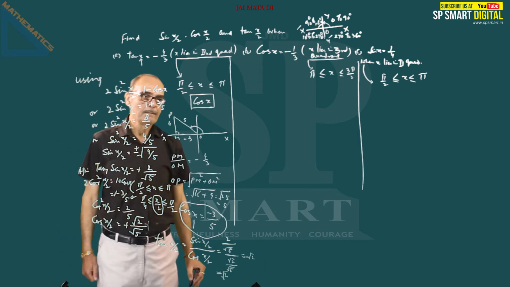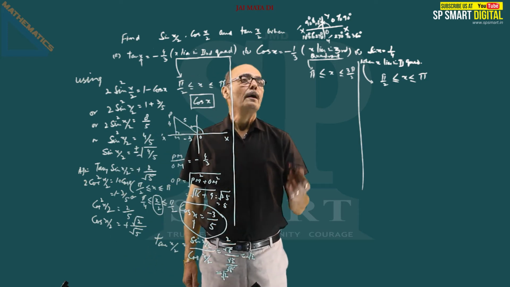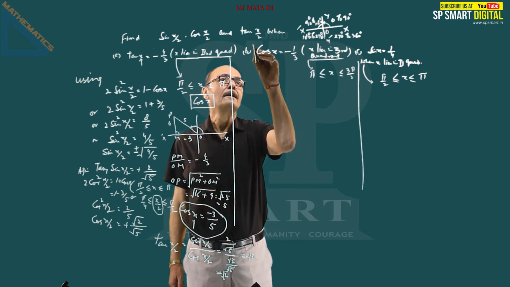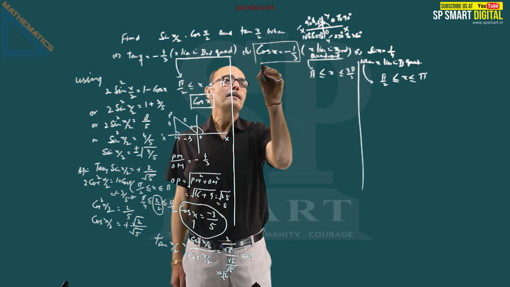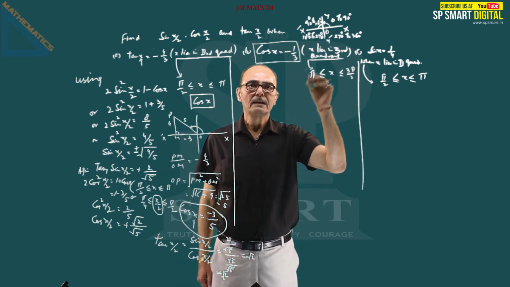Well, using the same principle, we have cos x equal to minus 1 by 3 and x lies in the third quadrant.